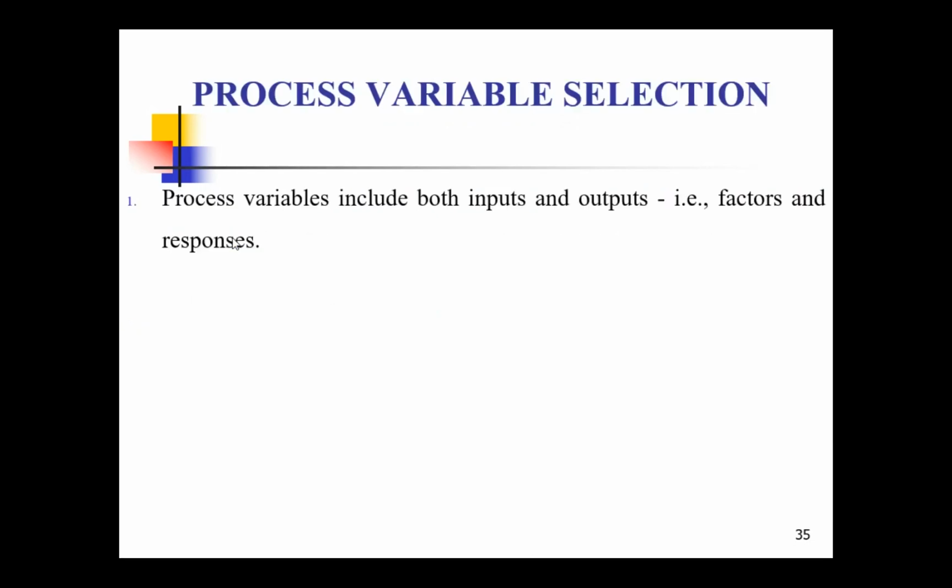Now, process variable selection. The process variables include both the inputs and outputs. The inputs are called parameters or factors, and the outputs are responses.